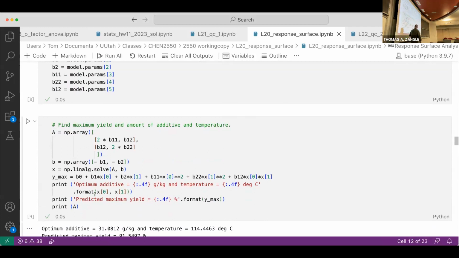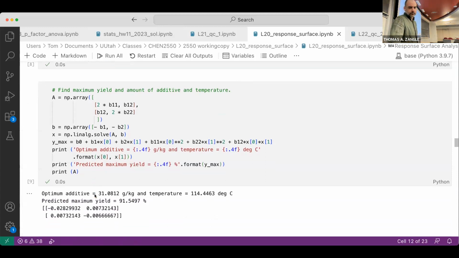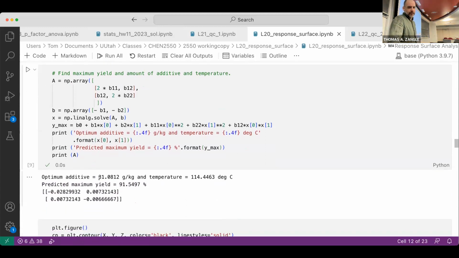And then from that, we can predict what the maximum yield would be. So from this, we find that the optimum additive is 31 grams per kilogram. Optimum temperature is about 115 degrees C. And our predicted maximum yield is about 92%.